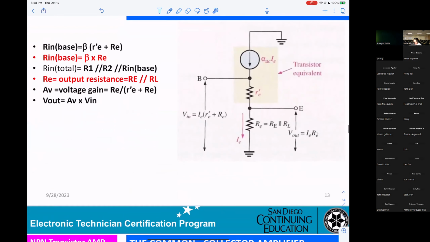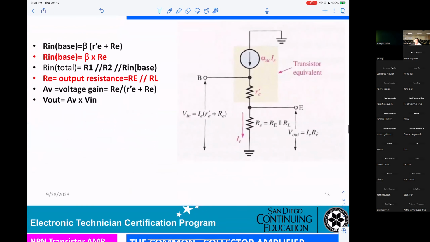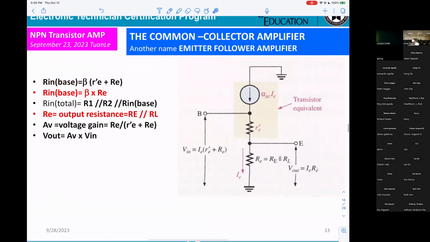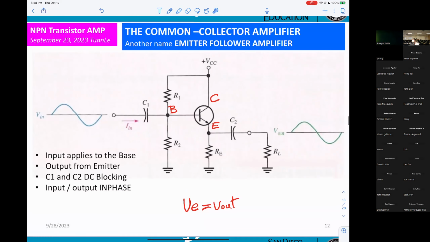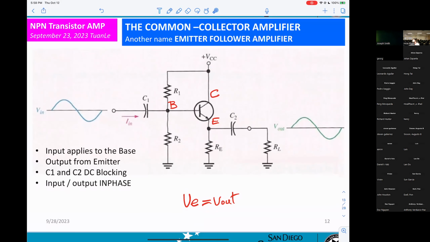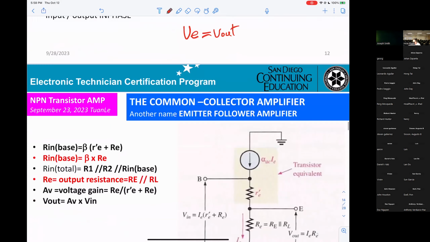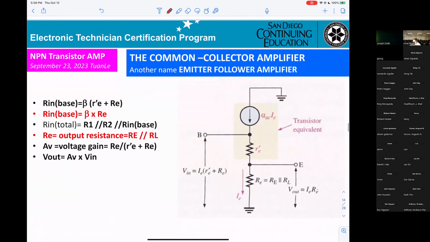Now, this is the AC model. You can see you didn't see any DC voltage here. Okay? You see that right here. DC will be ground for AC. So that's why you never see any DC in the AC model. Okay? This is the base.